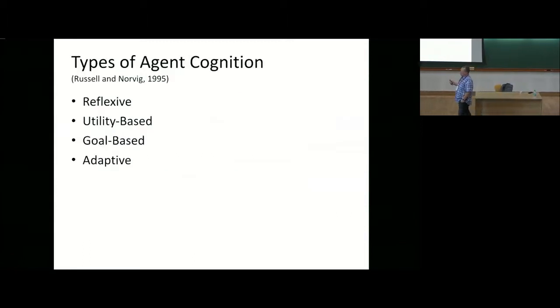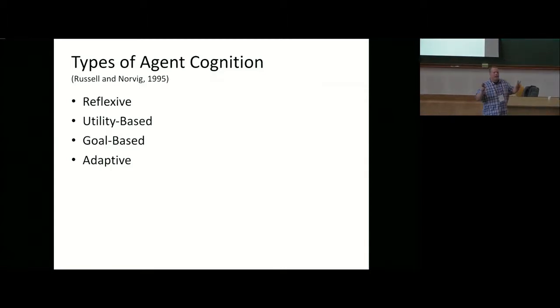So my favorite AI textbook is back from 1995. Actually, they've released a couple of versions since then. I picked up the third version the other day. It's still pretty good. It's the Russell and Norvig Introduction to Artificial Intelligence, a modern introduction to artificial intelligence. And one of the things I like about that particular textbook is that they use an agent framing for artificial intelligence.